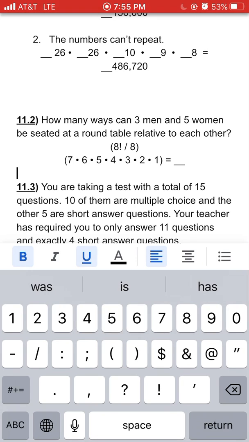And so for N, we have 8 because there are 8 people in all, 3 men, 5 women.